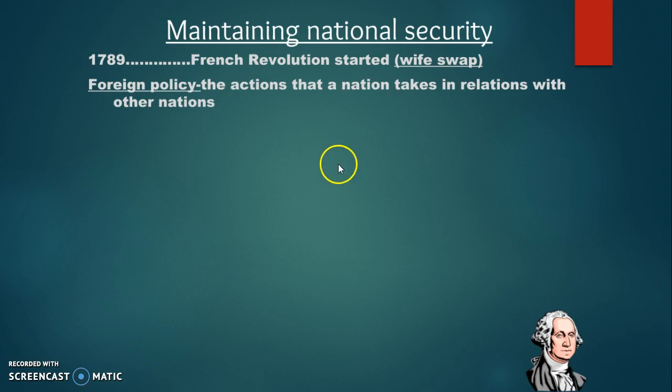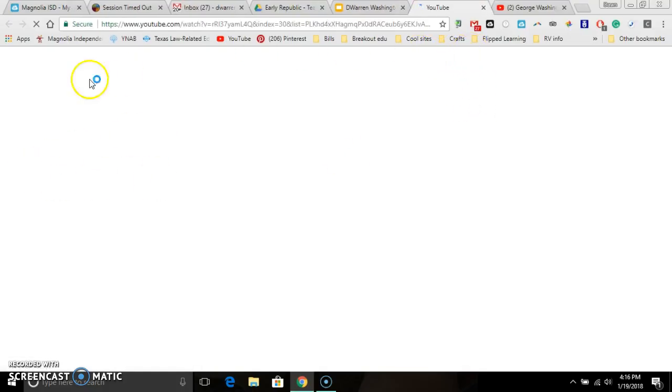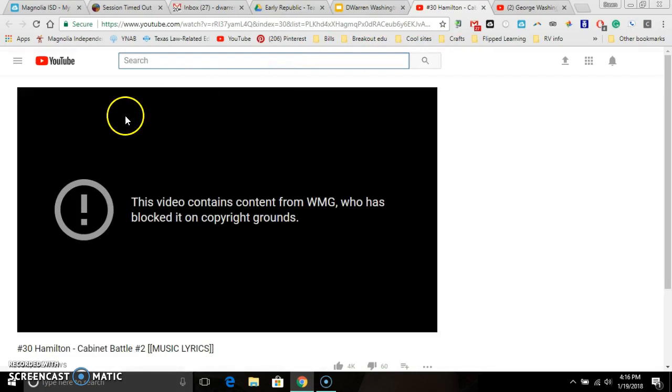They're cutting off the king and queen's head. They're rioting in the streets. It wasn't quite like throwing tea overboard at the Boston Tea Party. So they had to decide, are they going to get involved as the United States and help the French as they helped us? Now, again, this is Cabinet Battle #2 about whether or not we should help them.